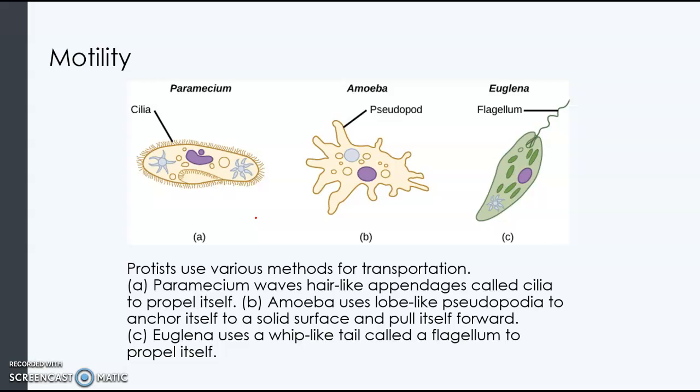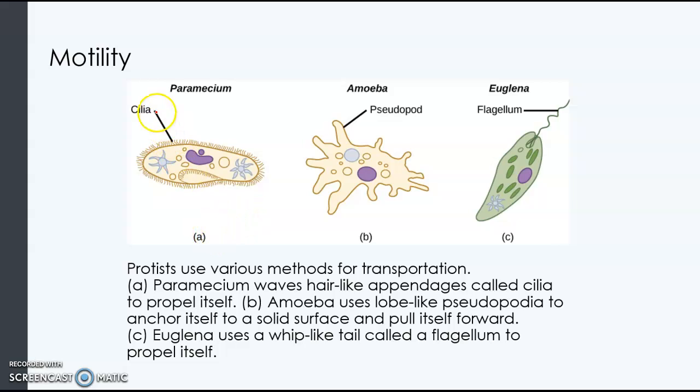We look at them because they are good examples of three different classifications of protozoans. Basically, when we classify protozoans, we classify them based on how they obtain food and how they move. So it's food and movement.